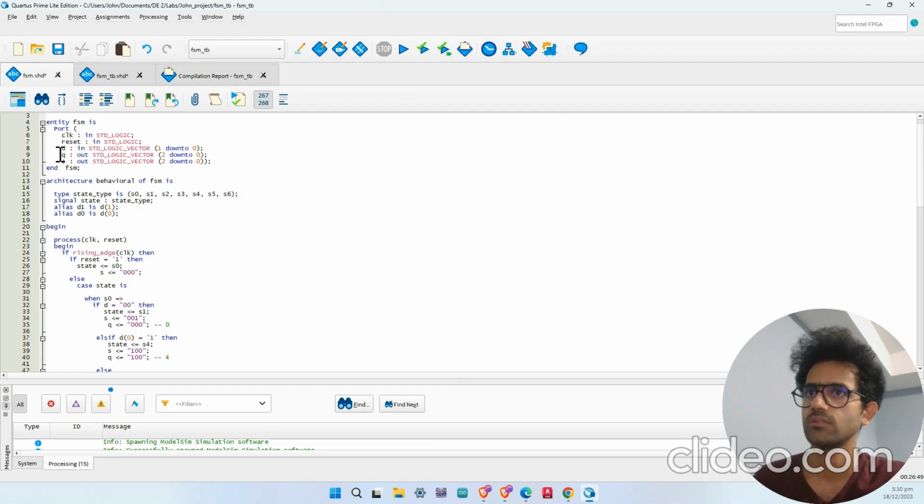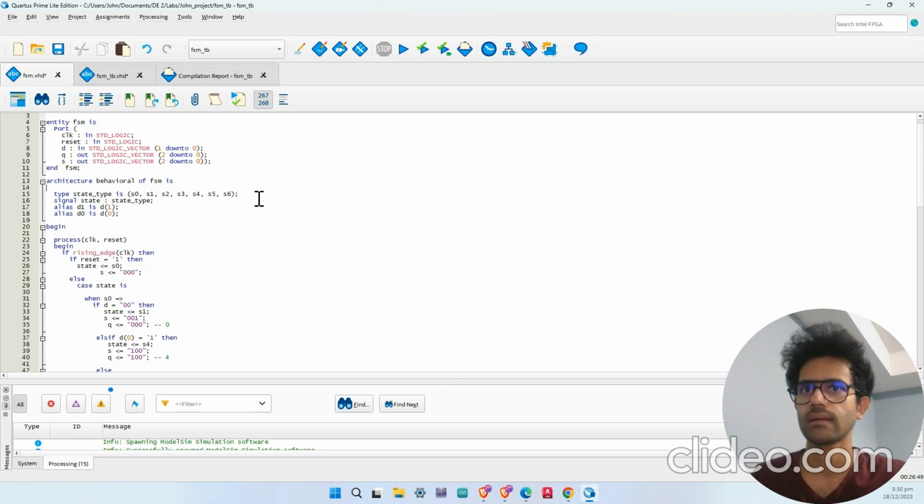And we have two outputs, one to show the outputs, which is Q. Q will display the outputs, and we have S, which displays what state we are in. So that's the declaration of the FSM. We end the entity, and then we go to the architecture.